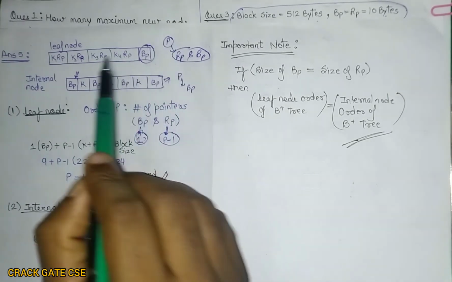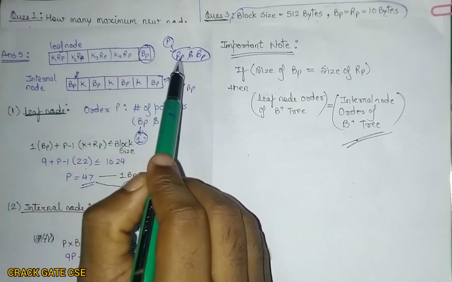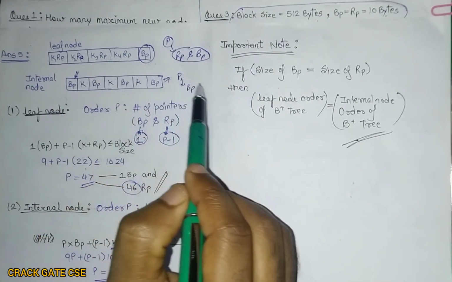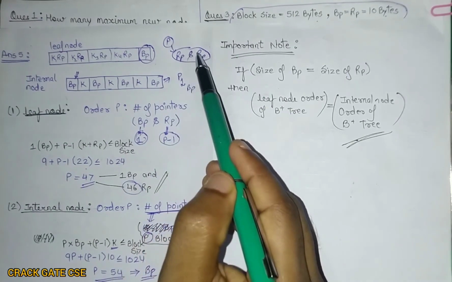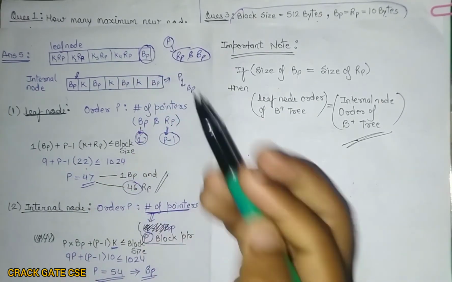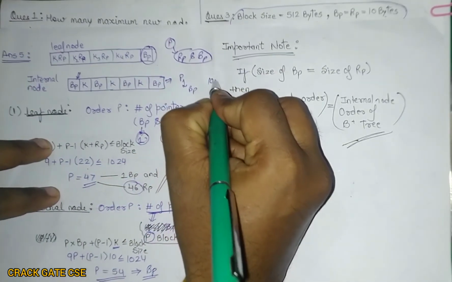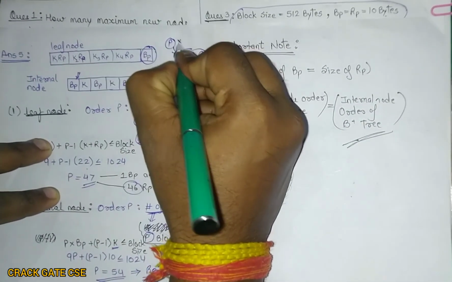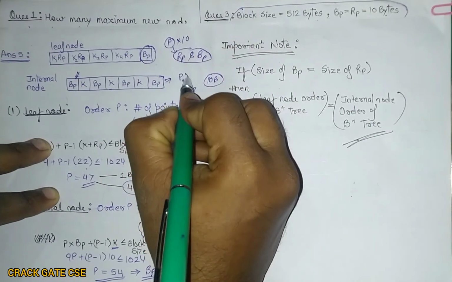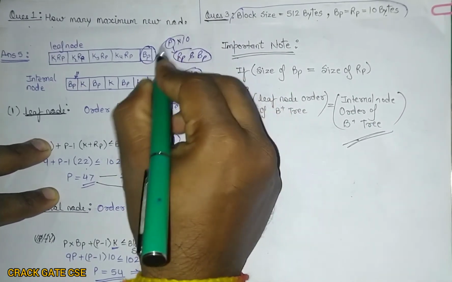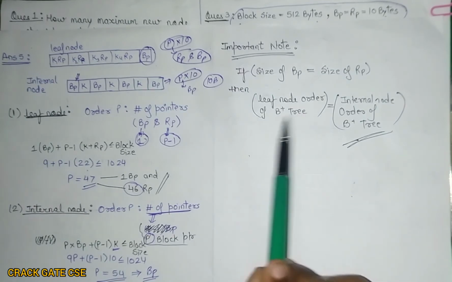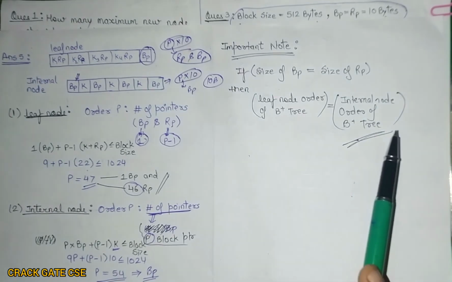The only difference is that in one structure we are having a record pointer and block pointer, and in the internal node structure we are having only block pointers. But if the size is the same, let's say 10 bytes for record pointer and block pointer, then this will be p into 10 of size and this will be of size p into 10. So there will be no such difference.